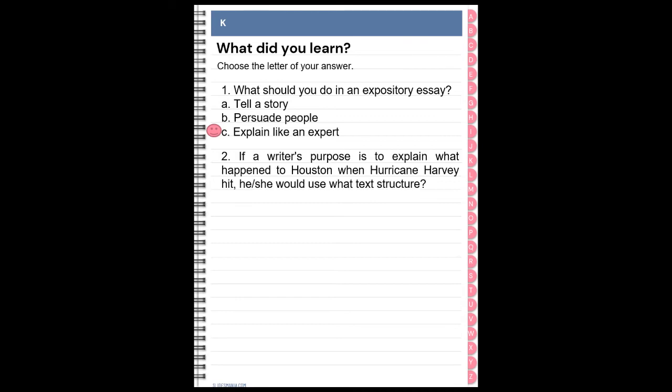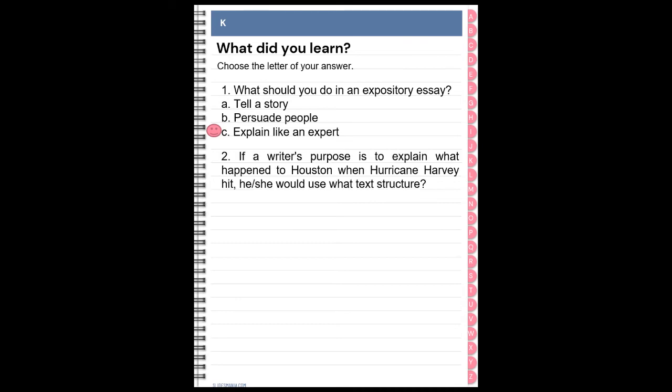Tell a story, persuade people, explain like an expert. Yes, letter C.